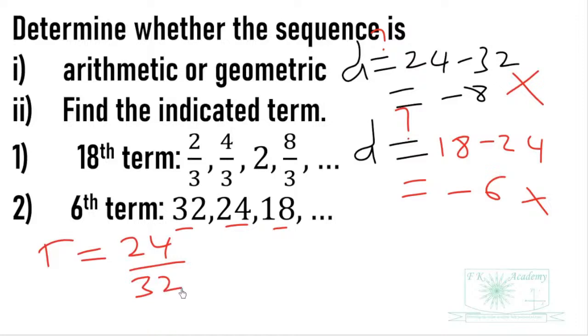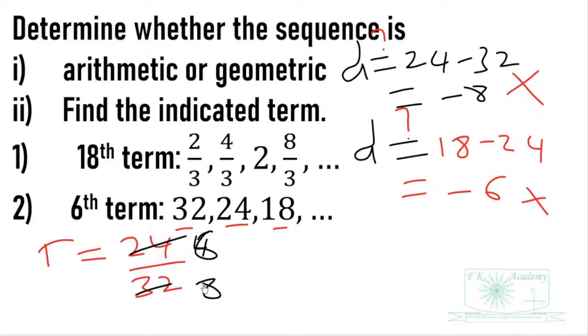You have to simplify it to see whether it is common or not. 4 into 24 is 6 times, then 4 into 32 is 8 times.